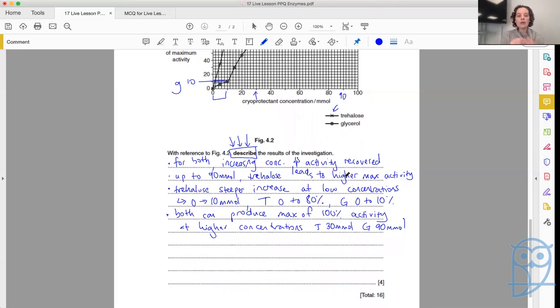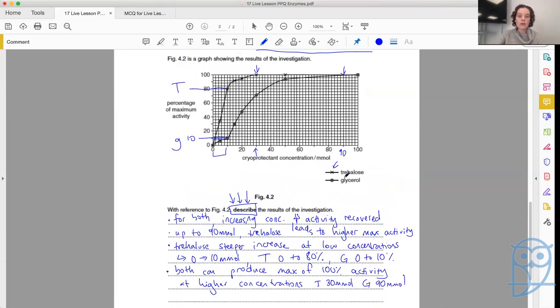So how would you do this in an exam is one of the things. You can't write it out like this and then turn it into sentences. You've only got one space to write on. But whenever you have a graph, there is nothing stopping you doing a similar thing around the graph. So in our sort of notes that we've put here, you can add in your points on here, that they're both going up.